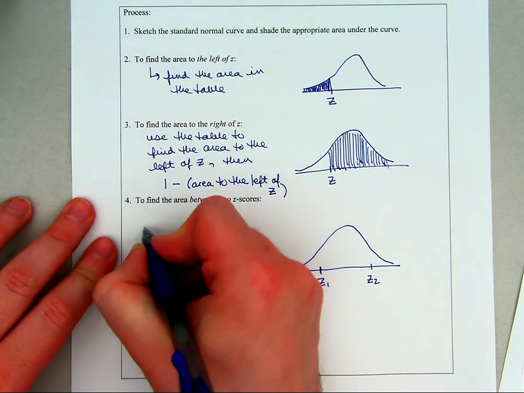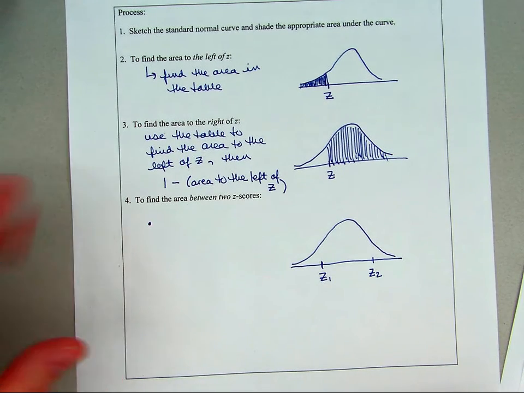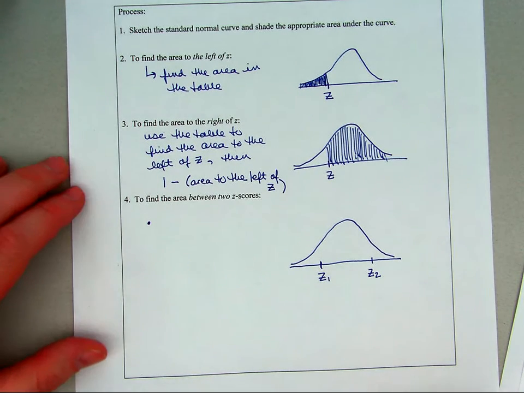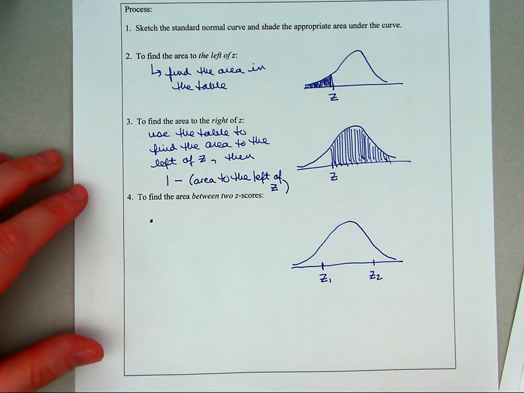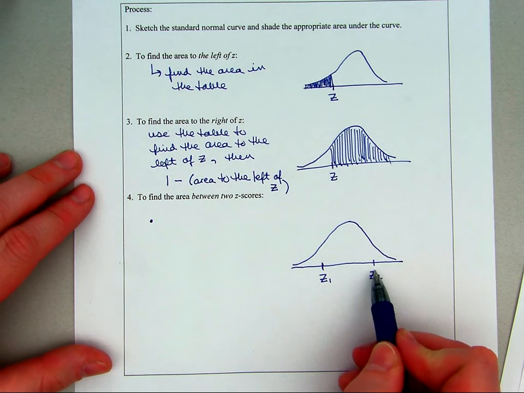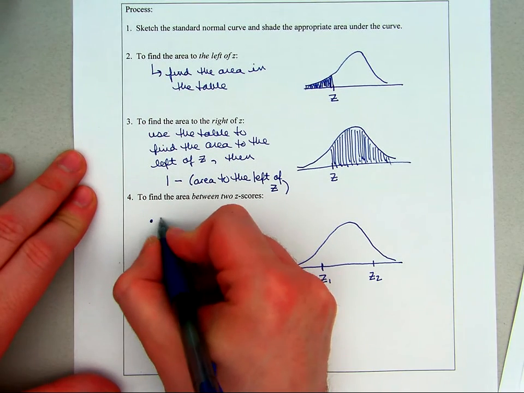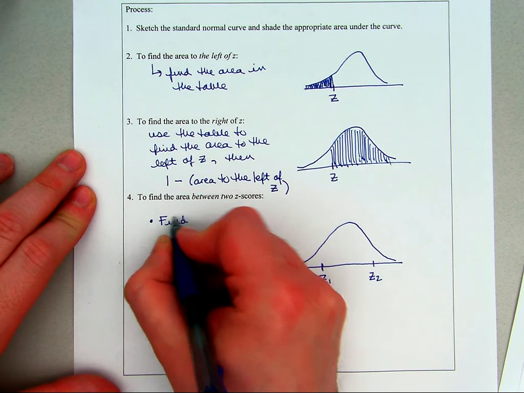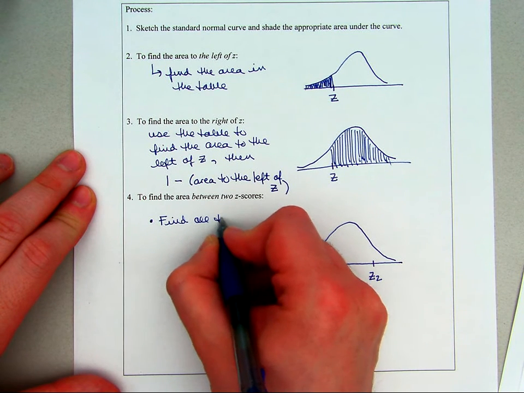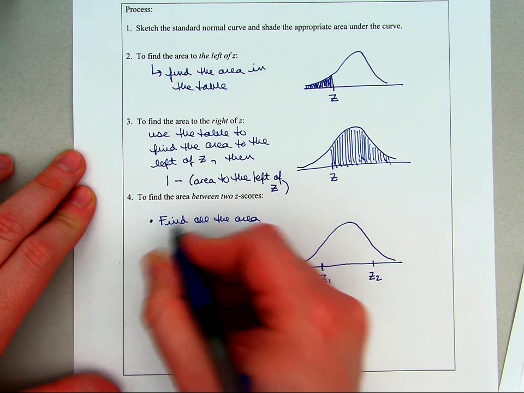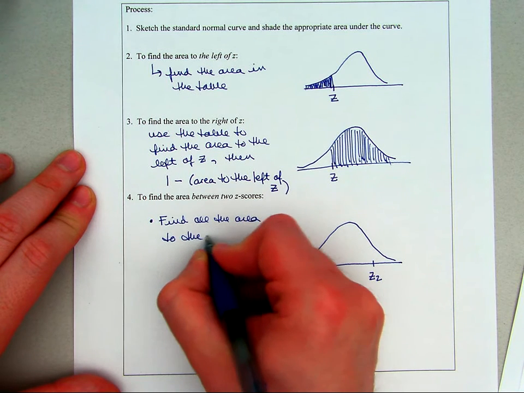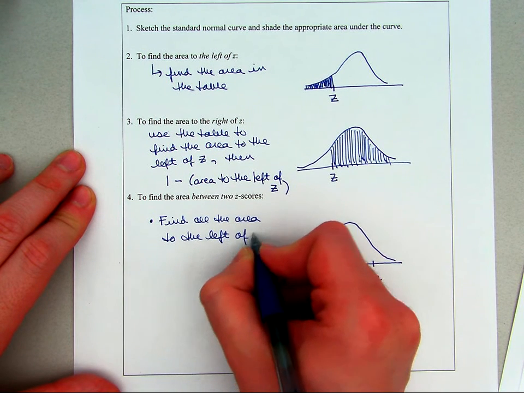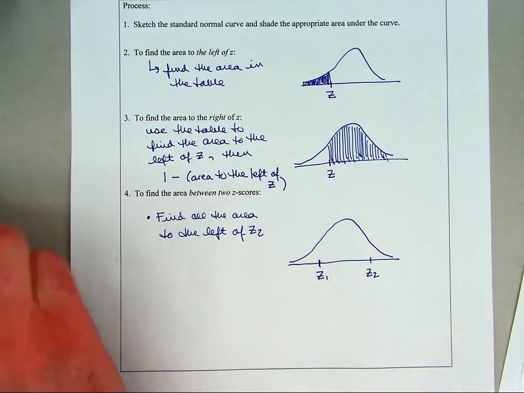Well, the first thing I'm going to do, because keep in mind, the table just tells us the area to the left of a specific value, I'm just going to find all the area to the left of z2, and I'll just get that value straight from my table.